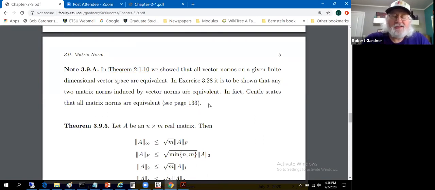which makes perfect sense. As vector spaces, I can treat the vector space of all n by m matrices the way Gentle normally does it. In fact, when we defined the inner product on matrices, it was virtually identical to the way we define the inner product on vectors.